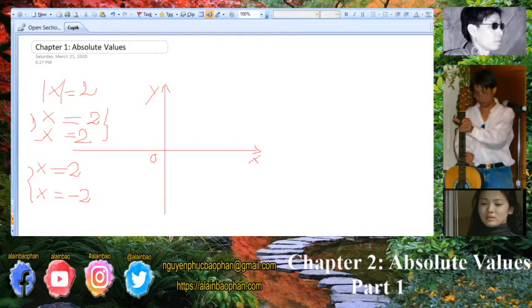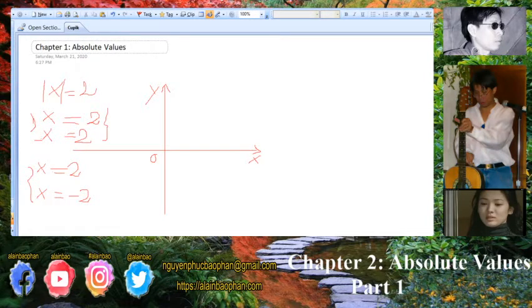So absolute of x equal 2, you can break it down in this way, x equal 2 or minus x equal 2, or this pair right here, x equal 2 or x equal minus 2, because the first one, x equal 2 and x equal 2, is the same.